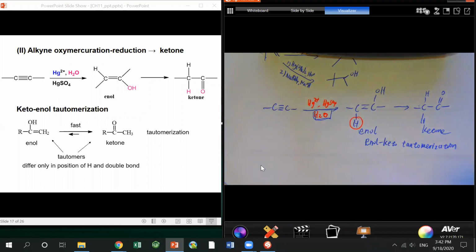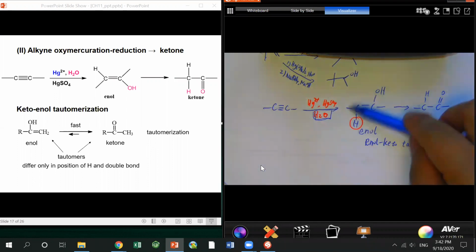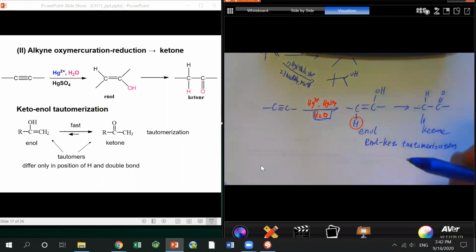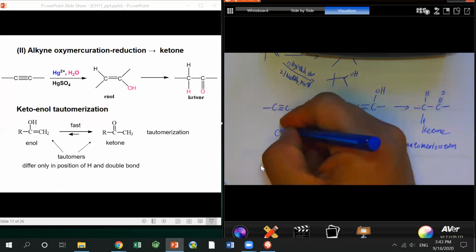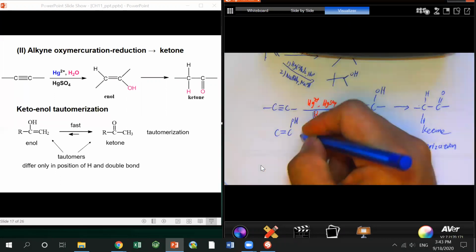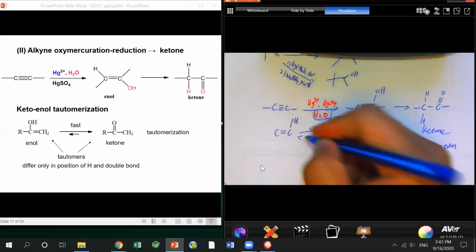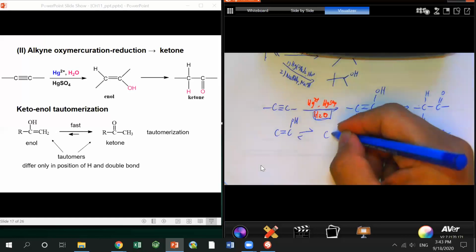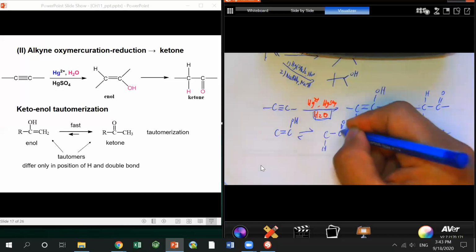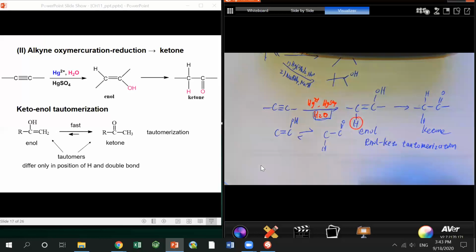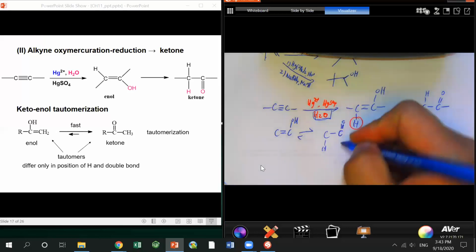But you do need to know that for this reaction, we eventually generate a ketone, not the enol. The enol is not stable, so it quickly becomes a ketone. The hydrogen goes here, so it won't stay at the enol stage.